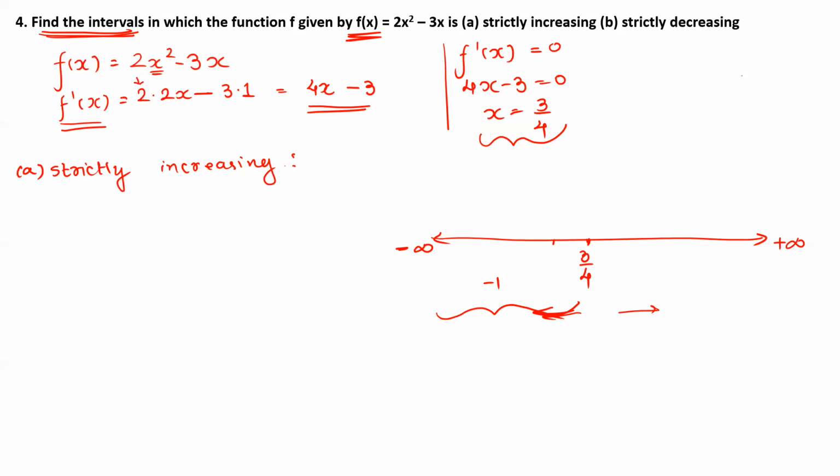Suppose I substitute minus 1 in f(x). So f(x) will become 2 into minus 1 square minus 3 into minus 1, so it is 2 plus 3, which is 5. So here it is increasing, because you're getting f(x) greater than 0. When f(x) is greater than 0, that means it is increasing. That way we can find out.